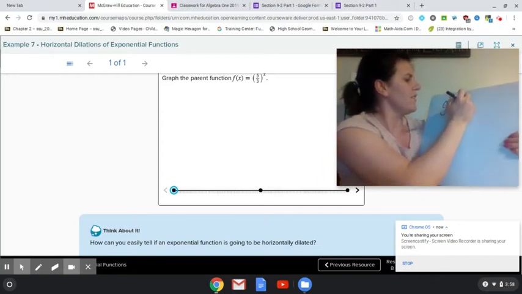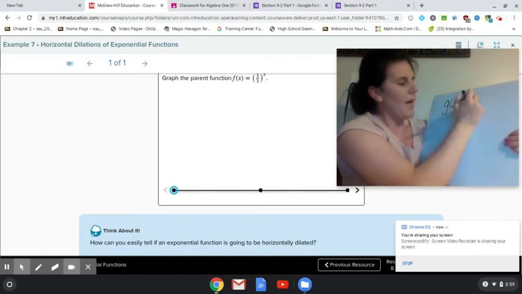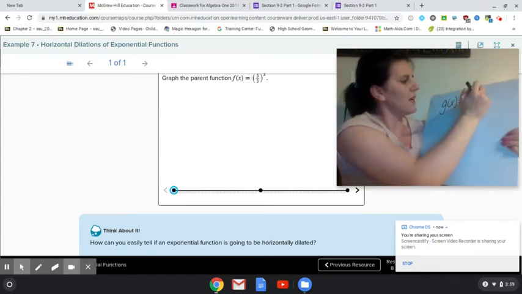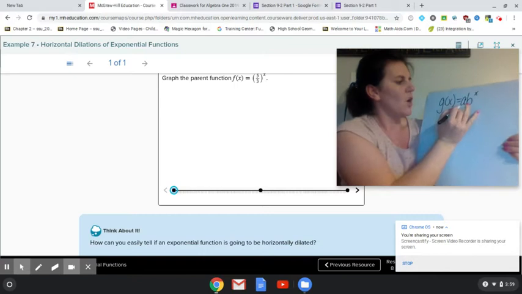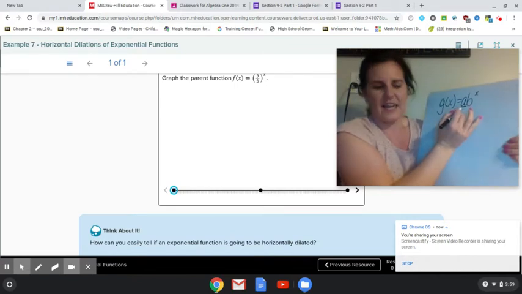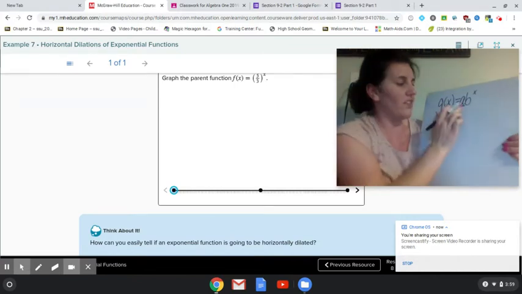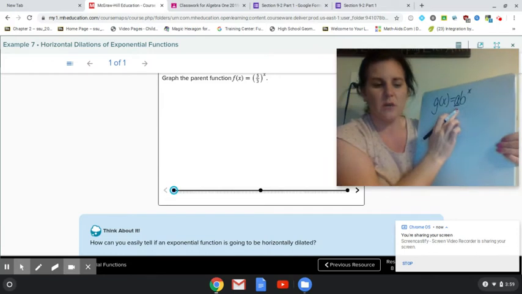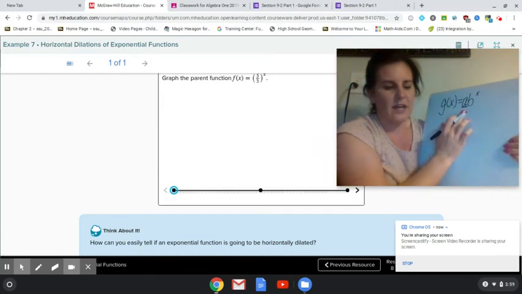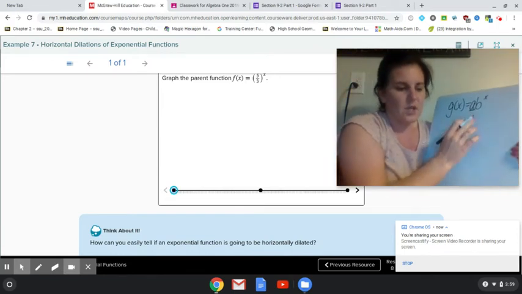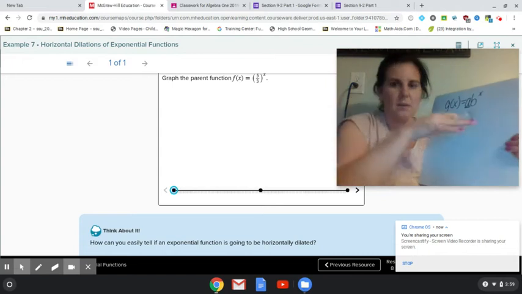If I have g of x is equal to a times b raised to the x power, whatever the value is of this a is going to determine if my graph is being stretched vertically or compressed vertically.